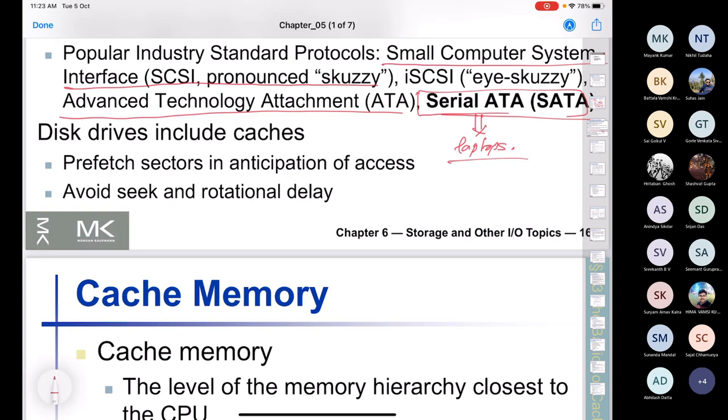Okay, so any orderly expected access of data can be satisfied by the operating system and accompanying hardware and the application.